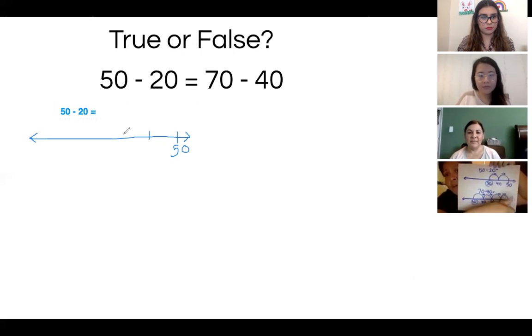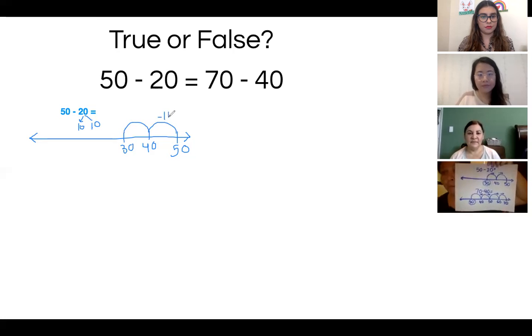And because I know I was subtracting, I know that I was going to jump backwards this way. I decomposed my 20 to two tens, and you can see me do 10, 20. So I knew that there were two hops there of 10. And now I counted back, or bunny hop back, by tens, 50, 40, 30.